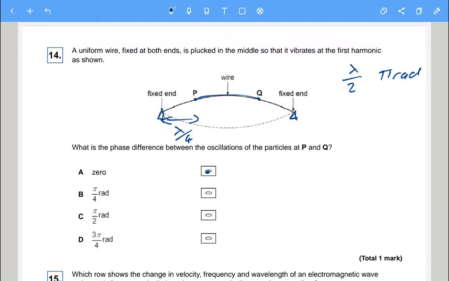If we were looking at a wave on the opposite side, so say, let's put S there, and it asks for the phase difference between Q and S, they would be completely out of phase. So they'd be pi radians, but because they're on the same half loop, so to speak, P and Q, the phase difference is 0. So try and remember that one.